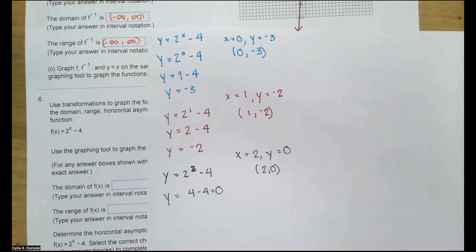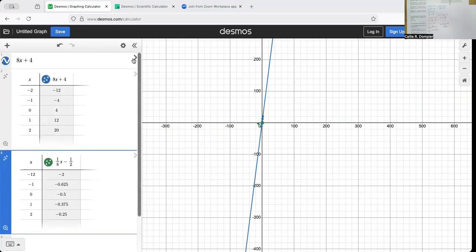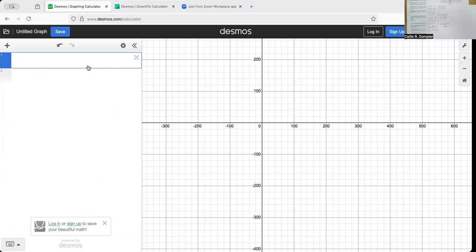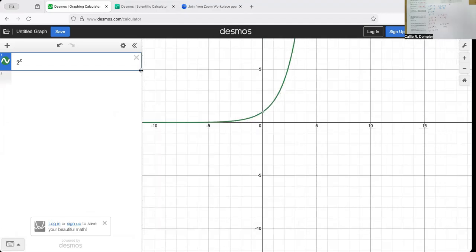You can also look at it on Desmos to see what shape it's going to be, right? So we're back here. We'll get rid of these. And we'll just say 2 to the power of x. Look, 2 to the power of x looks like this, right?